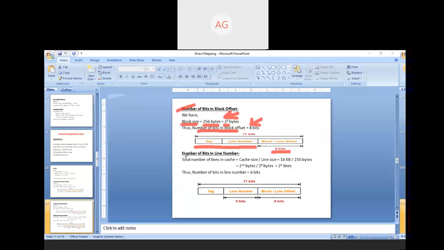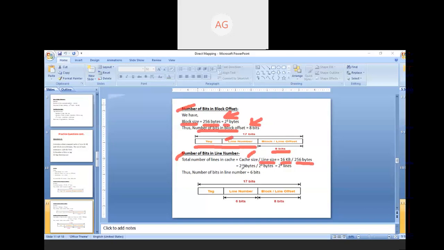Now we are going to find the number of bits in the line number. According to the formula, it is the cache size divided by the line size. The cache size is 16 KB and the line size is 256 bytes.